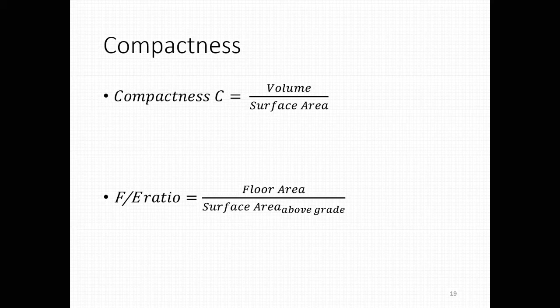These are two different metrics to quantitatively compare different options on your building form. This is really useful early on in the design process. You can get a good idea of how efficiently you're using your space versus the height of your walls and the amount of exterior surface area.